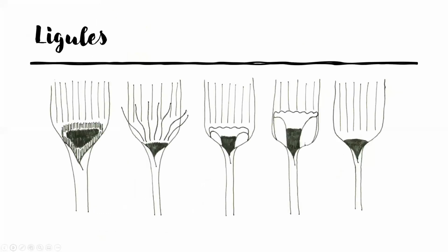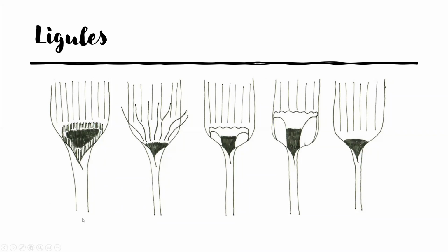So on this next page, I have some sketches of ligules. And the part of the grass we're looking at here, we've kind of blown up the drawings. So this part here is the leaf blade. So imagine the leaf blade going all the way up, and then it becomes the sheath here. So if we had a stem in this drawing, it would be going straight up the middle of this drawing.